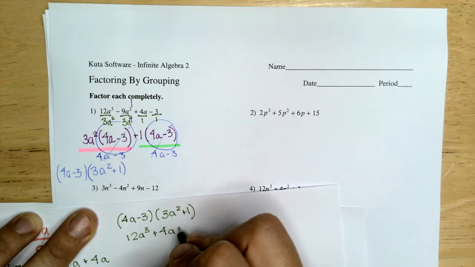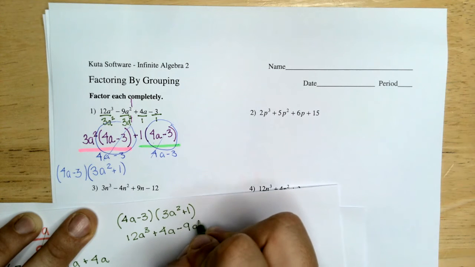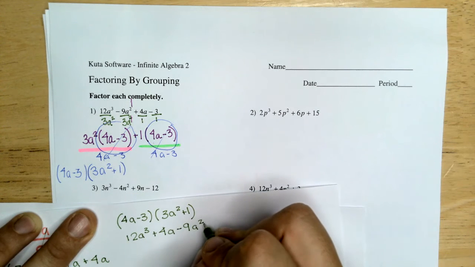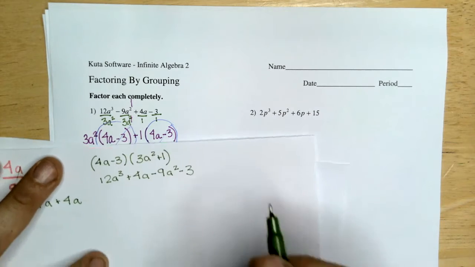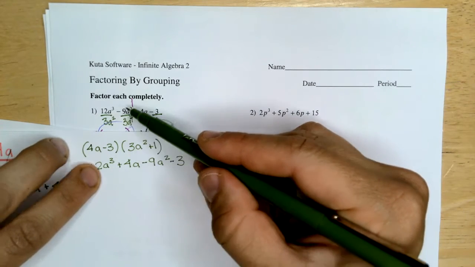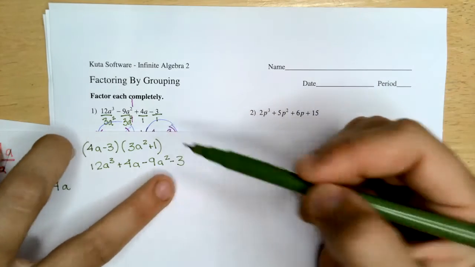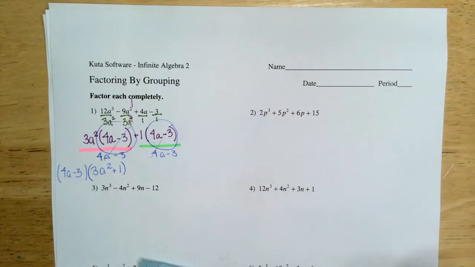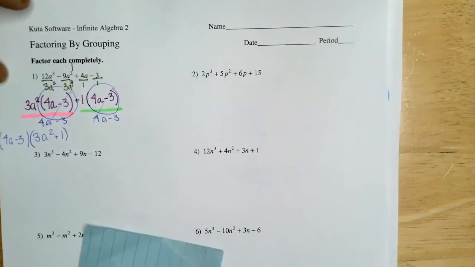Negative 3 times 3a squared is negative 9a squared. Negative 3 times positive 1 is negative 3. It's not the same order, but it's the same terms. Okay, that's how you know you've done it correctly.